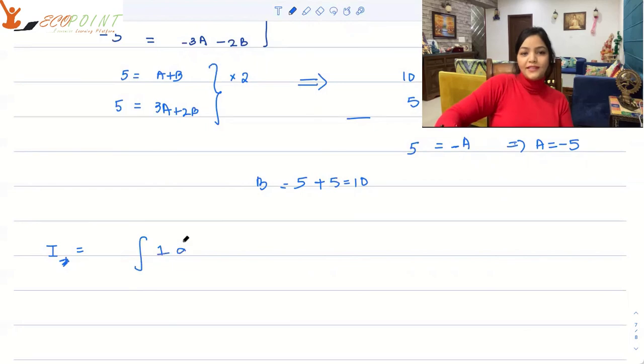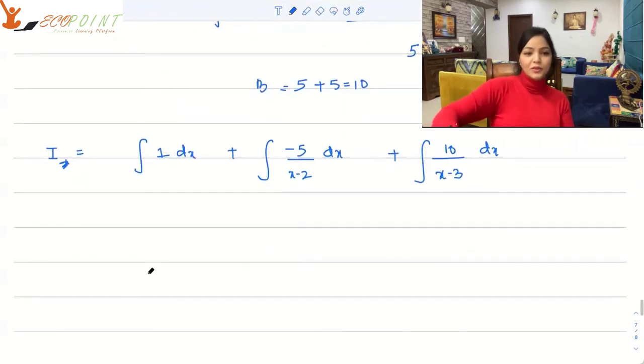the integral of 1 dx, plus the integral of minus 5 upon x minus 2 dx, plus the integral of 10 upon x minus 3 dx.